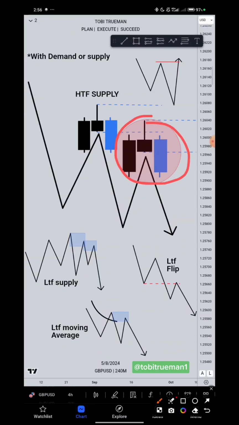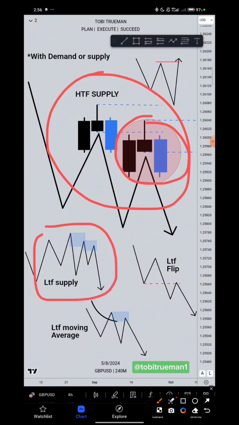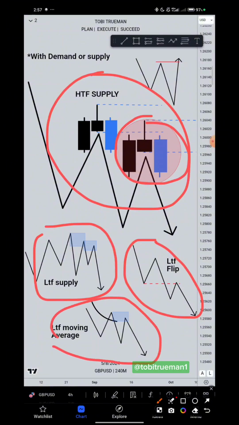This is a higher time frame supply. So naturally you'll be expecting the lower time frame to also give you what, lower time frame supply. But no, the lower time frame can give you a lower time frame flip, as a form of our signal or model to enter. Sometimes too, the lower time frame can give you the moving average.